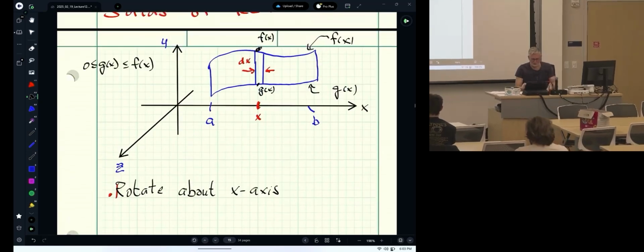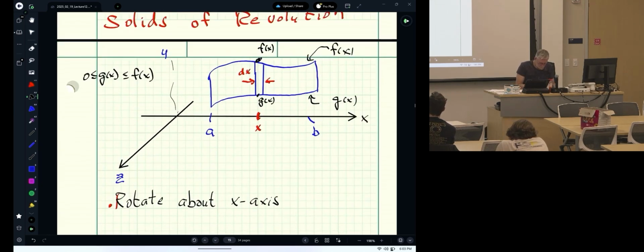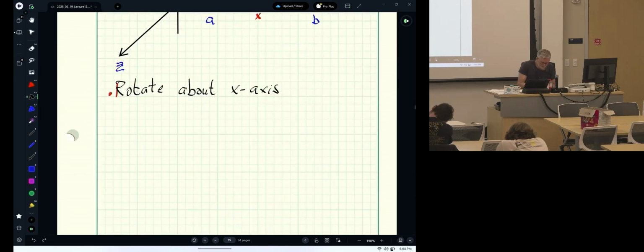I'm going to take this little tiny strip and project its rotation about the x-axis onto the YZ plane. Let me do that one real quick. The YZ plane is going to be going like this.